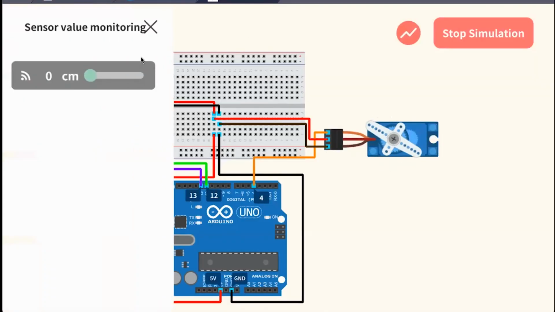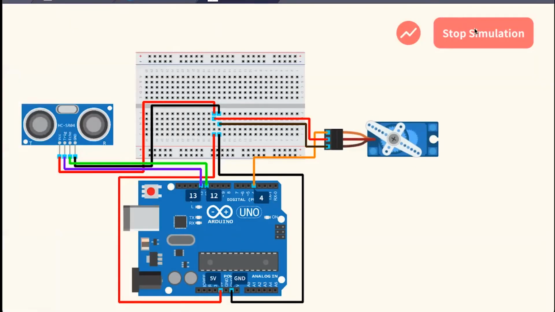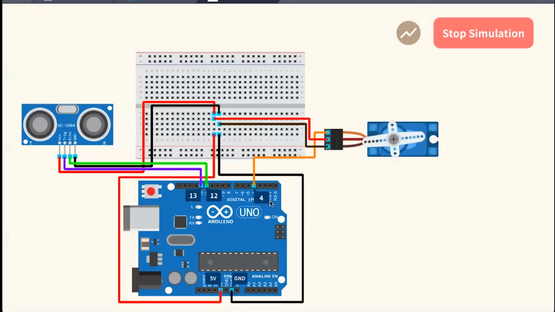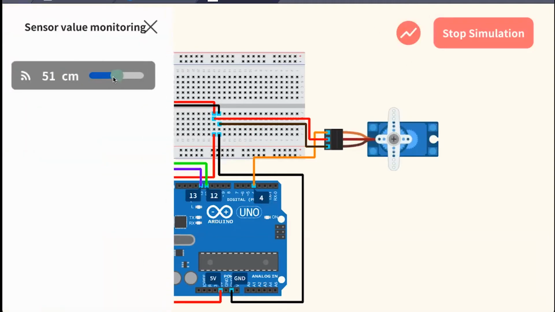All right, for now, let's do a simulation to see what's going on. All right, initial 90 degrees. And when an object is within 10 centimeters, it opens and tries to close after 5 seconds. Oh, what happened?